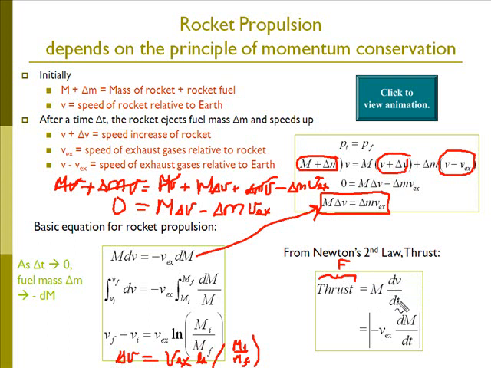And its change in velocity with respect to time, as you can see here, is nothing more than this expression right here, where m dv over dt is, if we put a dt on both sides over here, dv over dt, entirely equivalent to dm over dt times v of the exhaust gases. And so this becomes an expression for calculating the thrust of the rocket in terms of the rate at which the mass of the rocket changes as the fuel is spent.